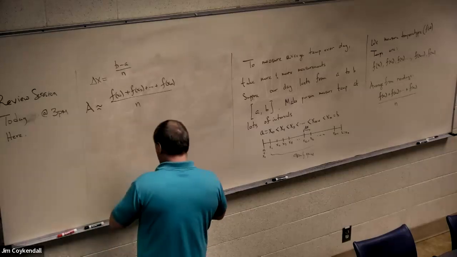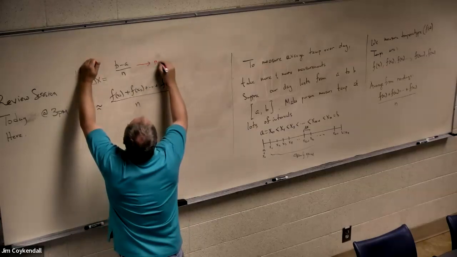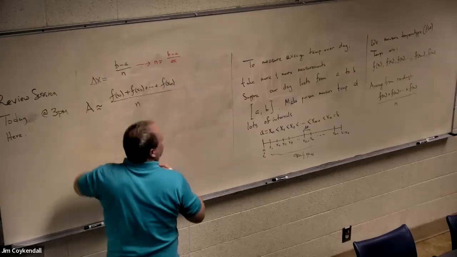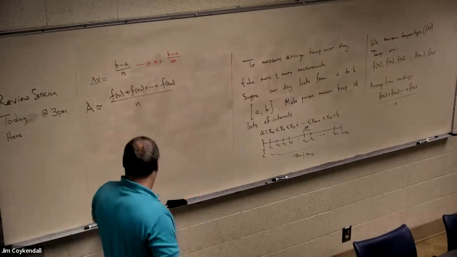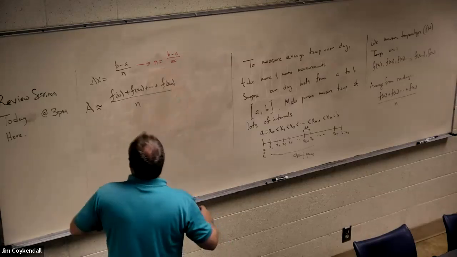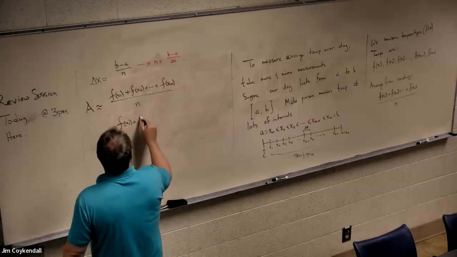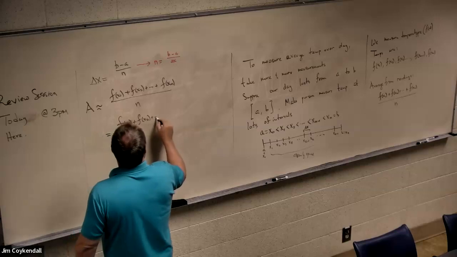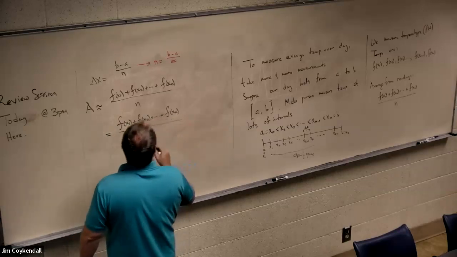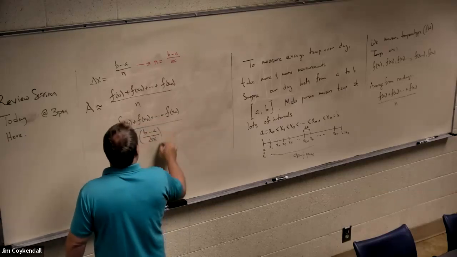But let me point out, I'm going to solve this equation up here. This gives me n equals (b minus a) over delta x. Everybody see that? So this is f of x1 plus f of x2 plus up to f of xn, over (b minus a) over delta x.